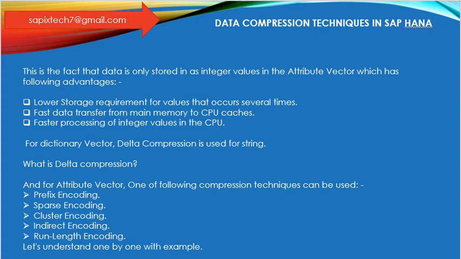And traveling data from main memory to CPU becomes easier because of being integer. So if the transferring data type is integer, there are advantages like lower storage requirements for values, fast data transfer, as I said, from main memory to CPU cache, and faster processing of integer values in a CPU. We understand that we have a separate cache calculation area in the CPU.